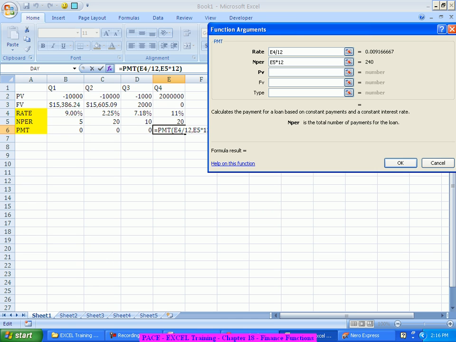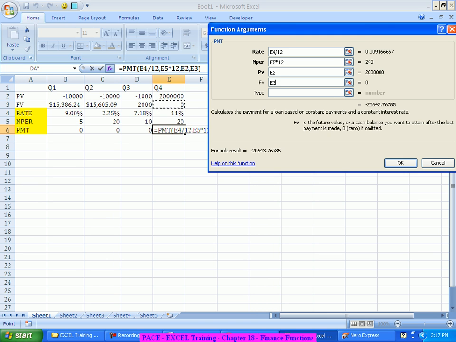Because the question is talking about the EMI. So even the other two, the three yellow colored ones should have the same period. So I have converted the rate into a monthly rate and the number of periods into number of months, right? Then after that, the PV is the loan which I have taken.